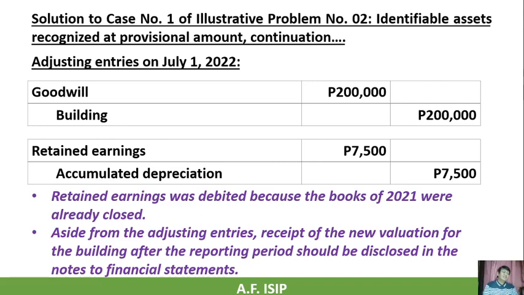And that 700,000 pesos is no longer existing in 2022 upon receipt of the valuation report on July 1, 2022. That is why if you will prepare financial statements for 2022, you have to disclose these changes in the value of the building after the reporting period. And that is making the financial statements fairly presented.